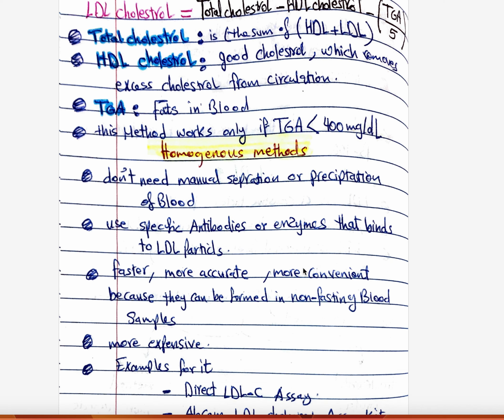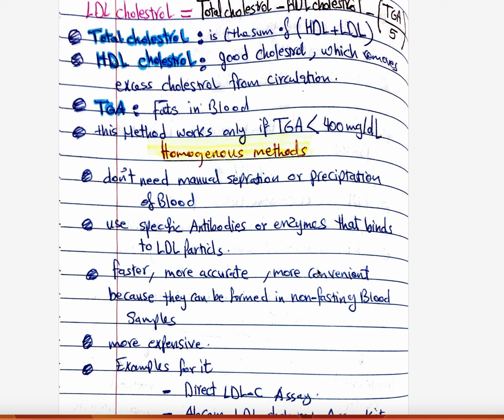Then the other method is the direct method, maybe homogeneous methods. We don't need manual separation or precipitation of the blood. We use specific antibodies or enzymes that bind to the low density lipoproteins particles.